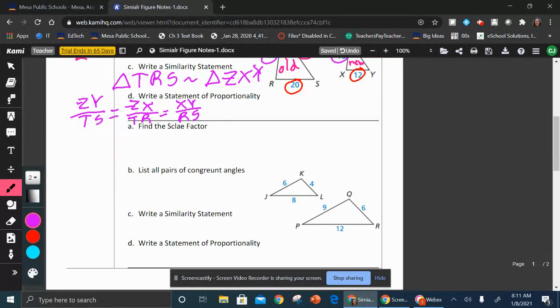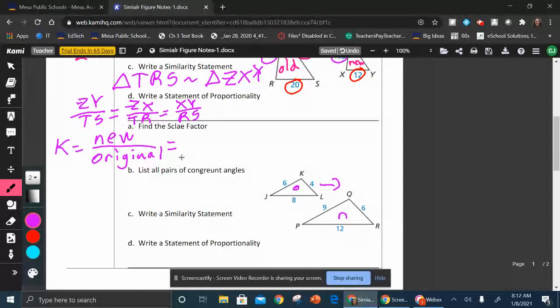So this one, everybody, we're going to do the same thing. So we're going to go, assuming we're going left to right. So this is the original one. This is the new one. Okay. So remember, scale factor is going to be equal to new over old or the original. So we can pick any two sides.